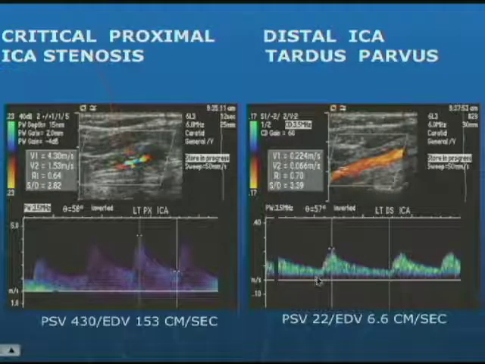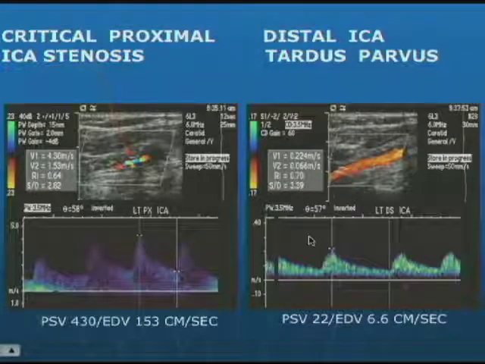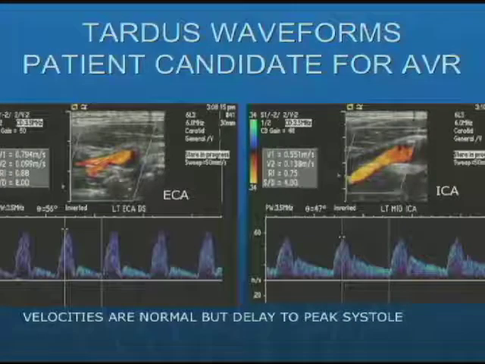And you see that it is slow to rise and that the peak and end diastolic velocities are really low compared with the area of stenosis. So this is simply a reaction to a critical stenosis with a tardus parvus waveform beyond it.